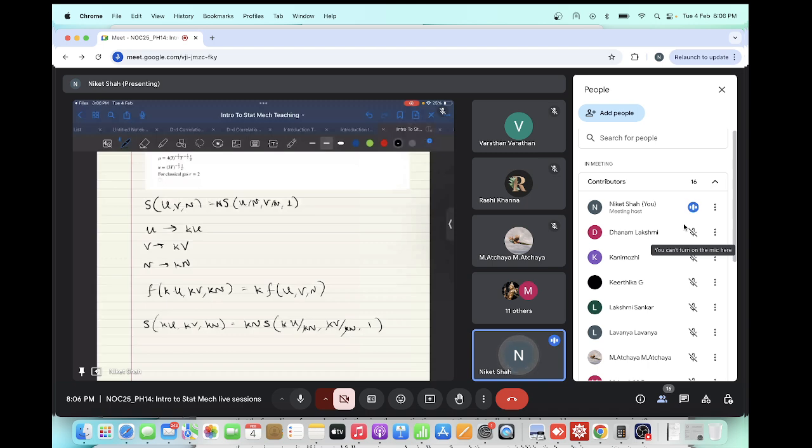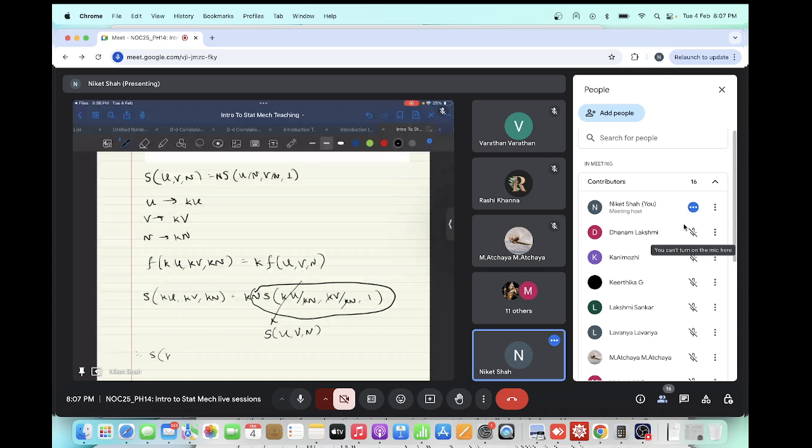N into S of U by N, V by N, 1 is just S of U, V, N. So therefore S of KU, KV, KN is equal to K into S of U, V, N. It actually satisfies this condition. That's why this entropy function is extensive.